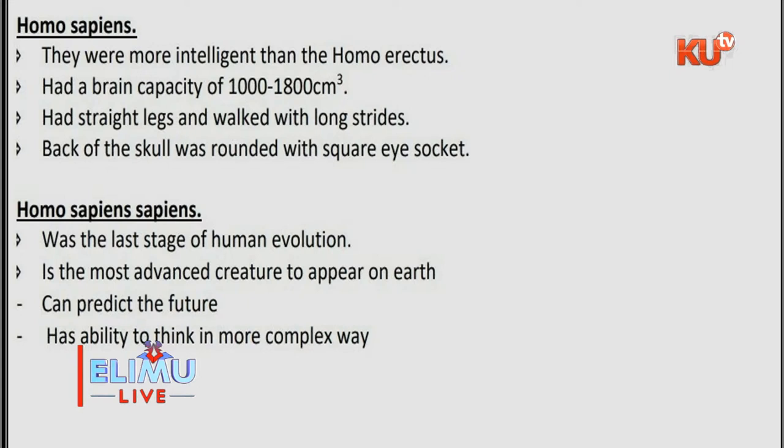Because, one, our brain has developed, we can predict the future, we have the ability to think in more and more complex ways. And also, Homo sapiens sapiens is now the normal human being, because normal human beings can use technology, meaning that his brain has developed. We can use technology, we can make clothes from skin, we can predict the future, as we can see on the screen.